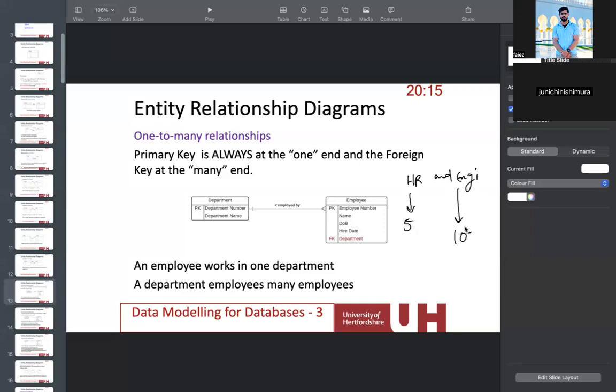Each department is represented by a unique department number that can have multiple employees linked to it. For each employee, there is a department field, which is the foreign key in their record, that refers to the department they belong to.